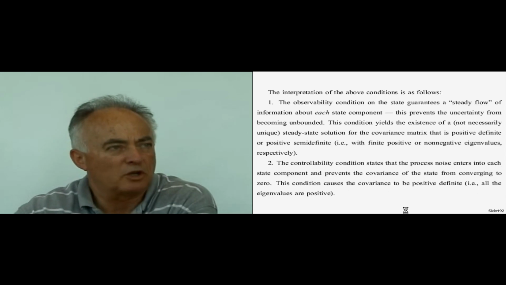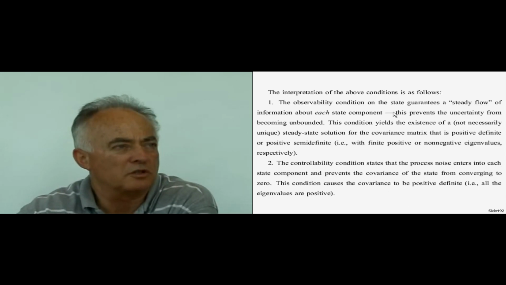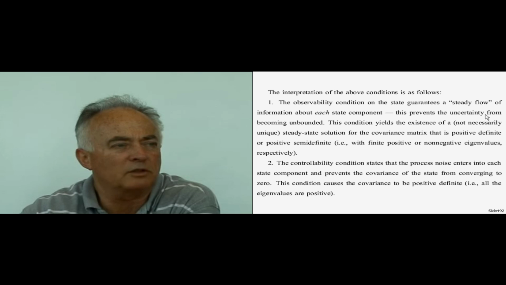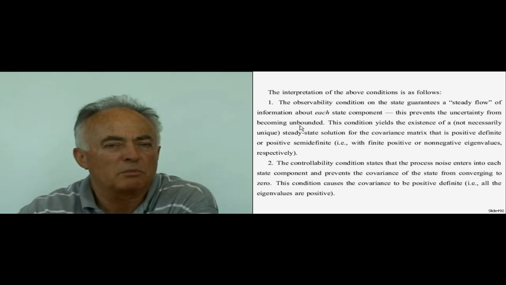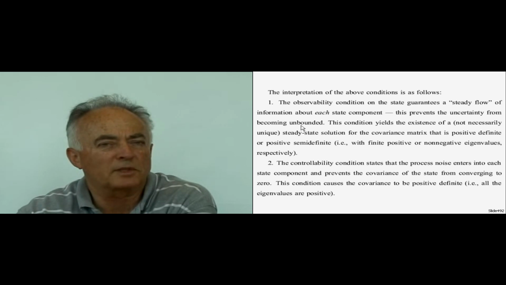A couple of interpretations are useful for these results. What does the observability condition really tell us? It guarantees a steady flow of information about each state component. This will prevent the uncertainty from becoming unbounded. Remember, when you have the state prediction equation, you always add the process noise to the uncertainty. What you have now is also a measurement equation that subtracts it.